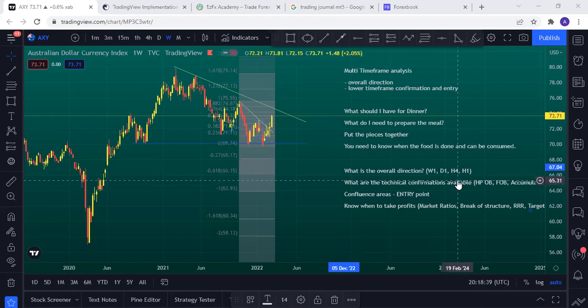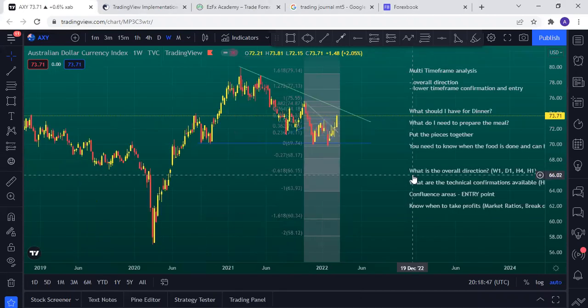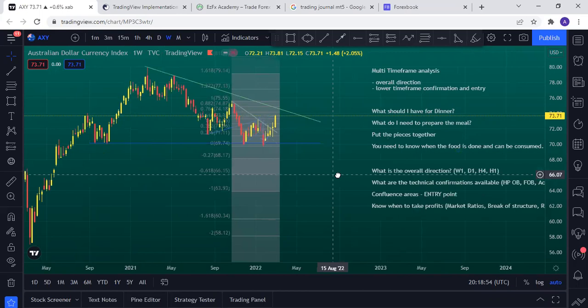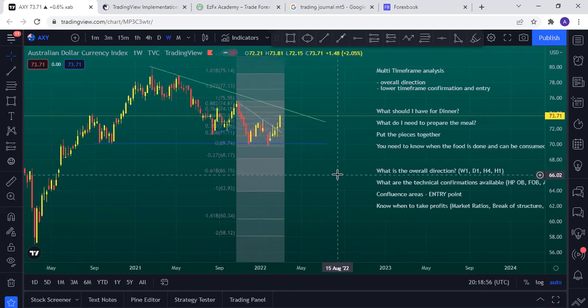At this point, I need you to follow closely what my analysis process is so that you can understand what we're talking about. This is the AXY commodity index chart. These things don't necessarily have to come in a particular order, but one of the first things I do is find a range, to see if there is a visible range.